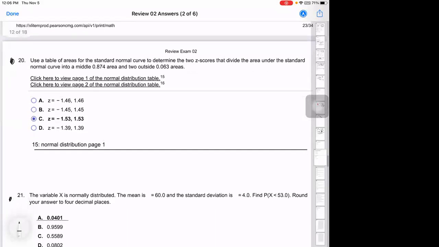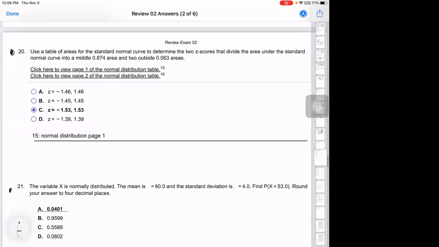Let me do question number 20. It is a little bit different, but you have to use the same method. I think you know now how to find the value from the C table, so I'm not going to show you the C table and find the value.